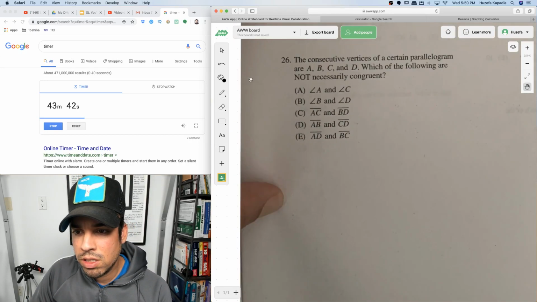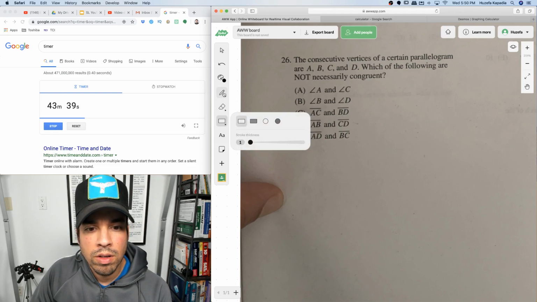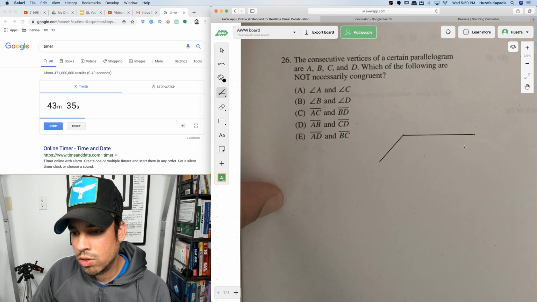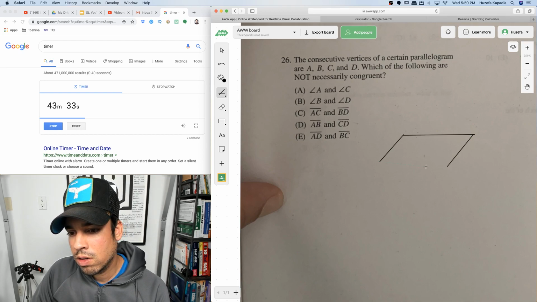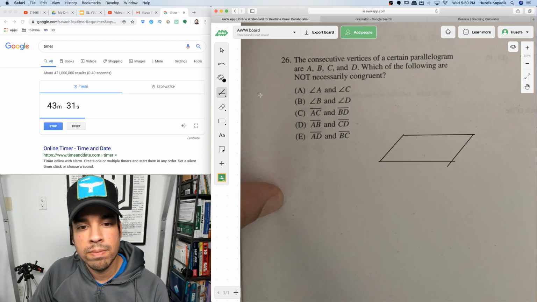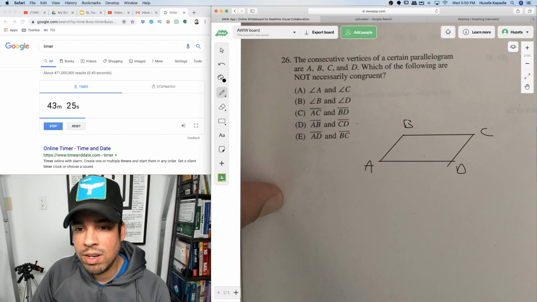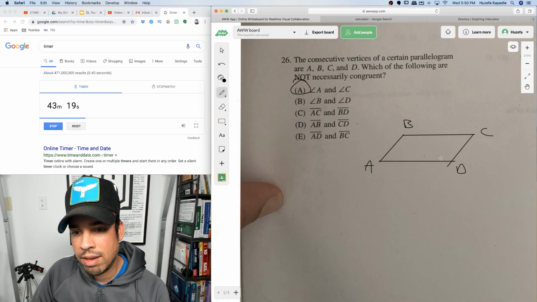Consecutive vertices of a certain parallelogram are A, B, C, D. Draw it out. Which of the following are not necessarily congruent? A and C, B and D have to be because they're opposite angles.